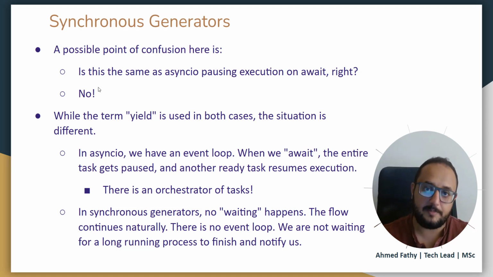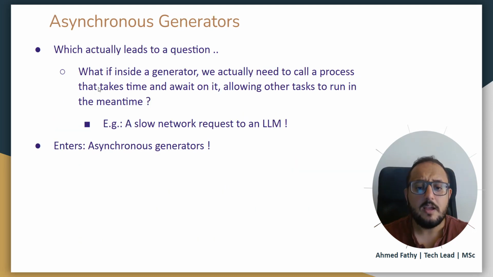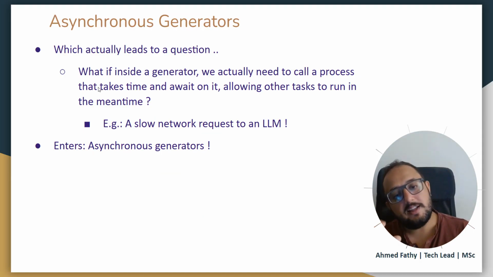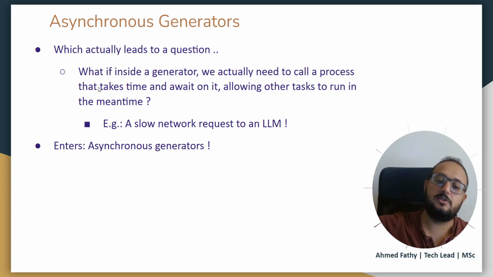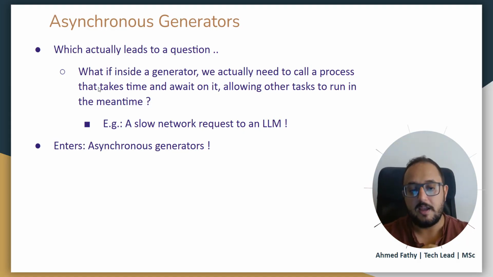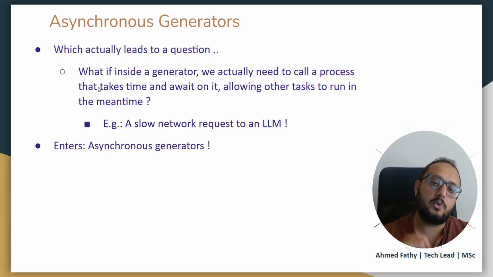So this is a very big difference. Which actually leads to a question. What if inside a generator we actually need to call a process that takes time and wait on it, allowing other tasks to run in the meantime? For example, inside a generator we can try to have a slow network request to an LLM or to a server, or an IO operation. And this is where we get asynchronous generators.